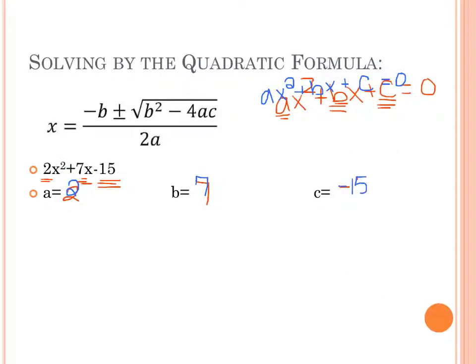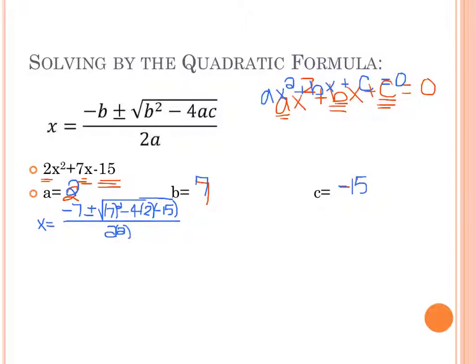Now we can move on by substituting or plugging in our a, b, and c's into our quadratic formula. Here we can start right away by setting x equal to negative 7 plus or minus the square root of 7 squared minus 4 times 2 times a negative 15, and this is all over 2 times 2.